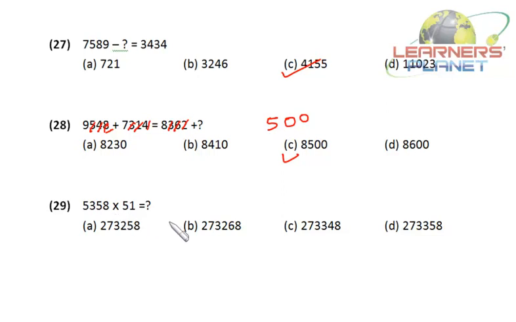So our answer should be divisible by 9. That is the first thing. And the second thing is, if we look at the options at the last two digits, 58, 68, 48 and 58, our number is actually not divisible by 4, and we are not getting even 4 from 51. So the answer should be divisible by 9 but not by 4.